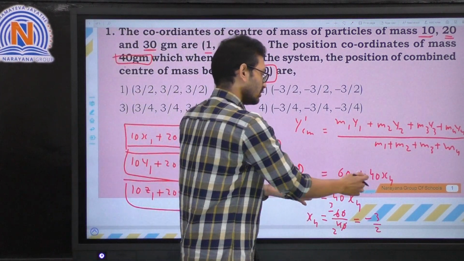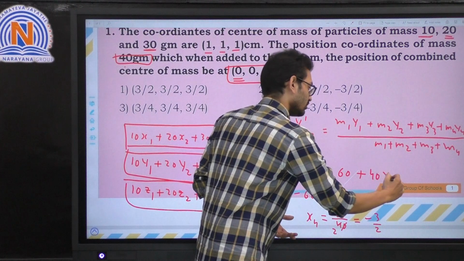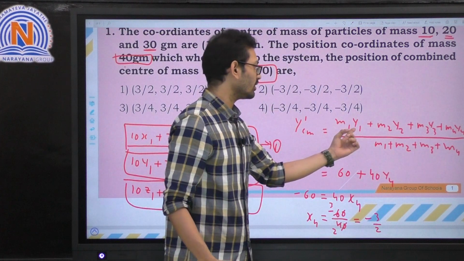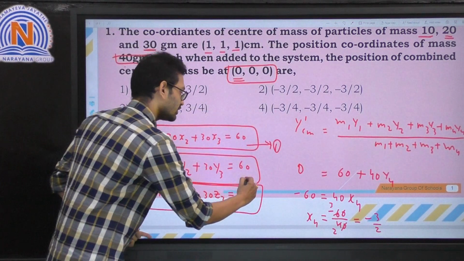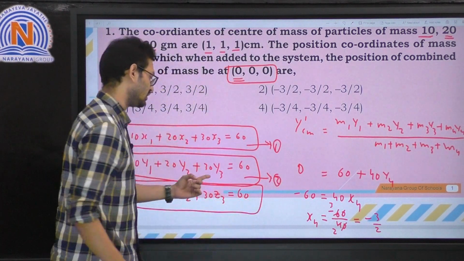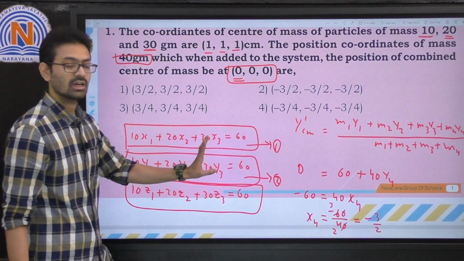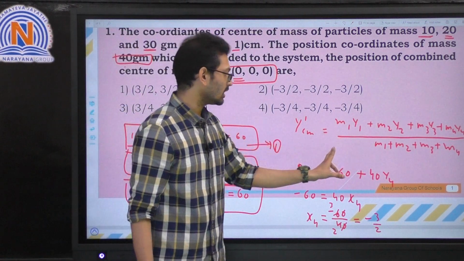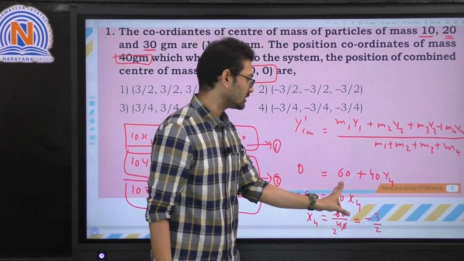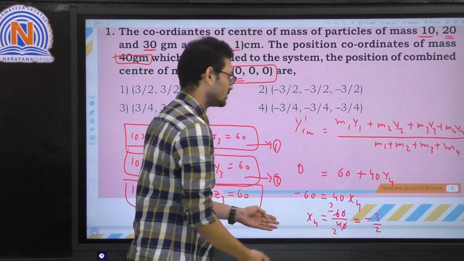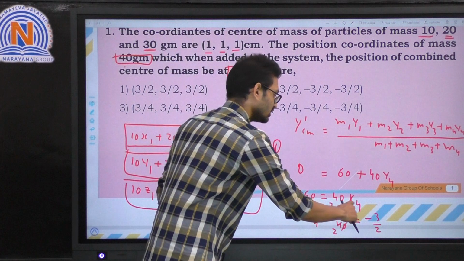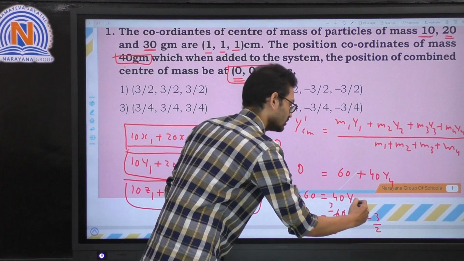You are going to get the same thing for y4, because m1 y1 plus m2 y2 plus m3 y3, again from this equation 2, you can substitute it with 60. So you substitute that whole thing as 60, and 60 plus 40 y4. Now that 60, if it comes this side, is again minus 60, and that is 40 y4.